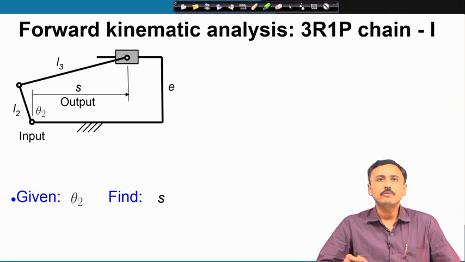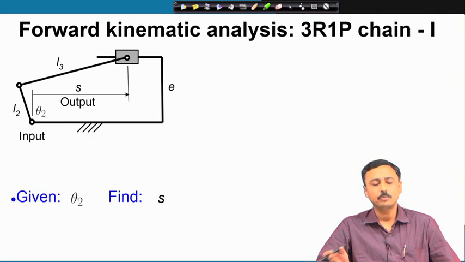Let us start with the forward kinematic analysis of this 3R1P chain type 1. In forward kinematics, as I have mentioned before, we are given the input, and we have to find the position of the output link.